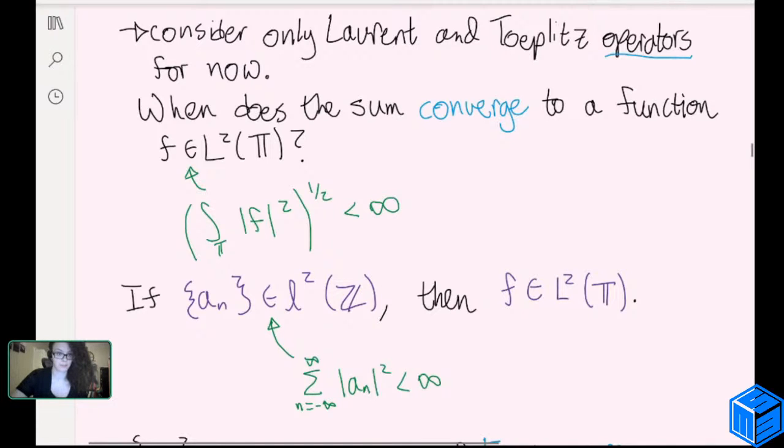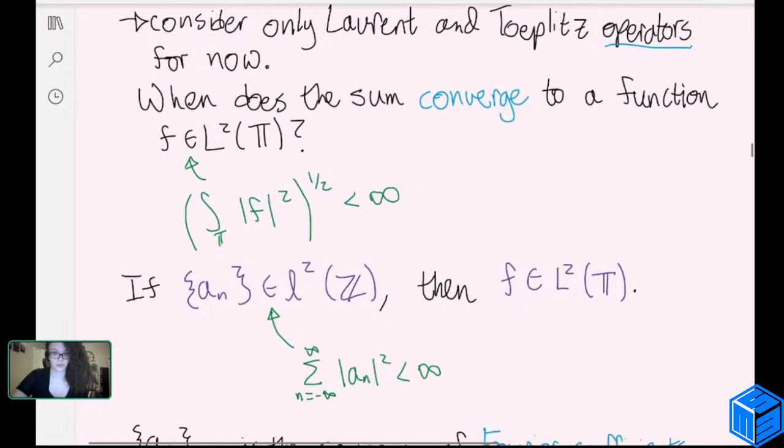And this Z, that's the integers, right? Because we're going from n equals negative infinity to positive infinity. And so if this condition is satisfied, then f is square integrable over the circle.